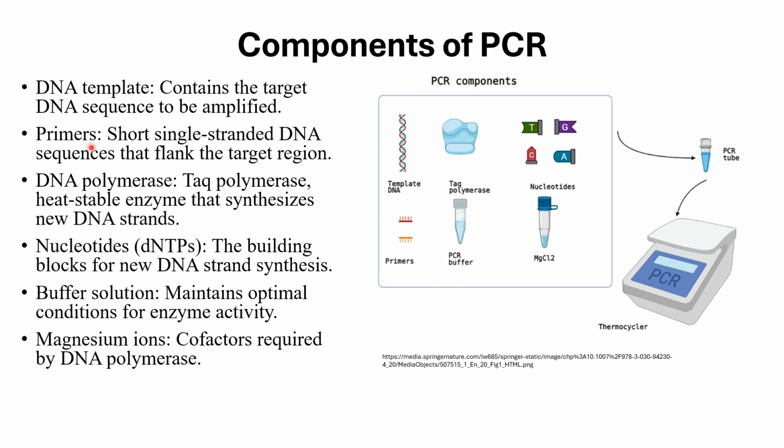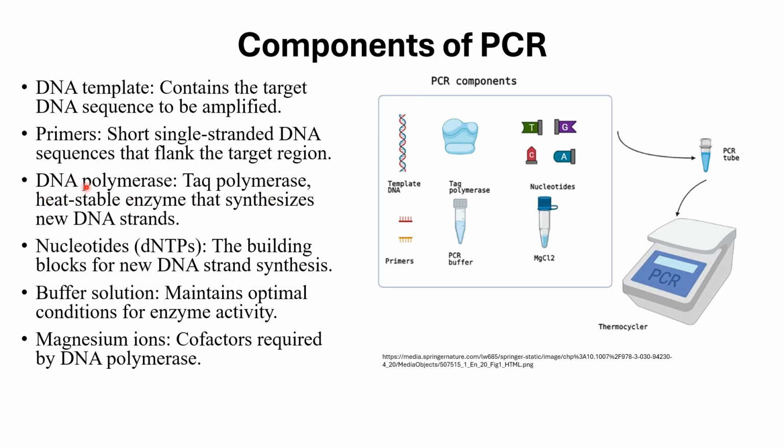For example, if we want to detect the presence of COVID-19, we have to have primers that are very specific for COVID-19, such that when the DNA opens up, the primers are able to bind to sequences that are present only in the gene segment specific for COVID-19. So that's why we're saying they are short single-stranded sequences that flank the target region.